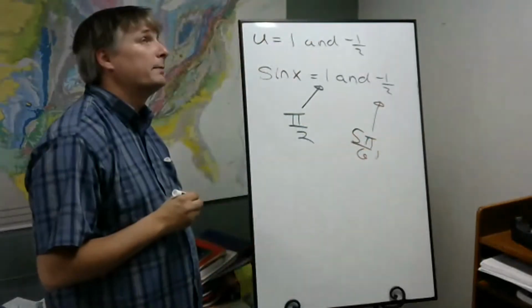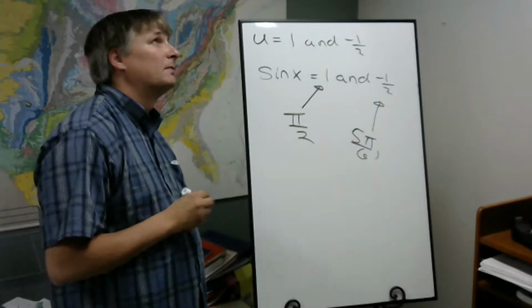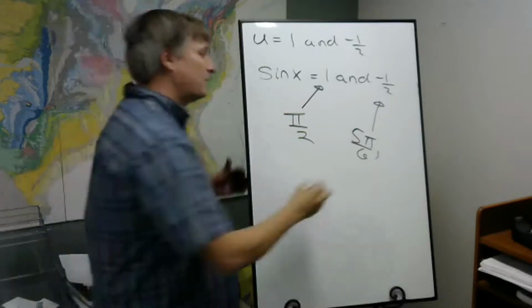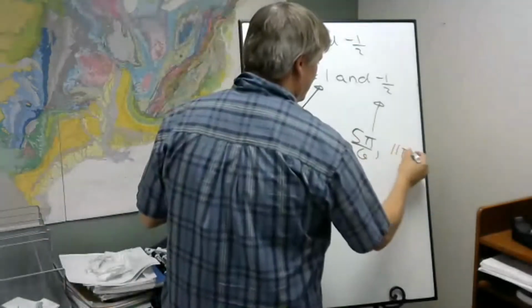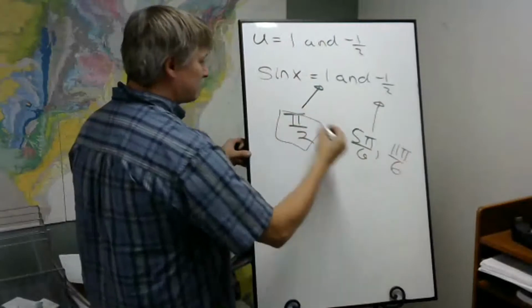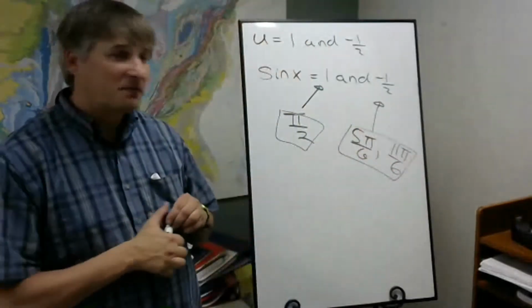Now what would the other one be? That would be 11 pi over 6. So these here would be your 3 answers.